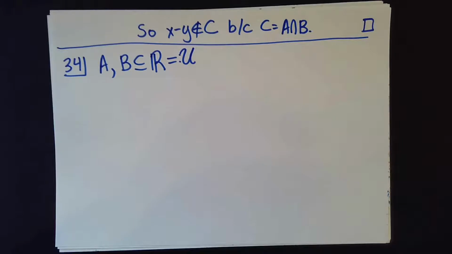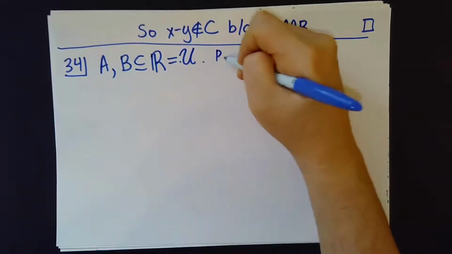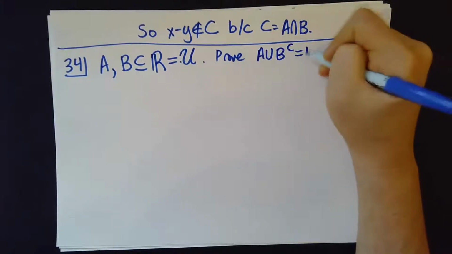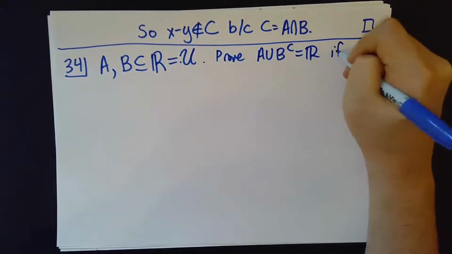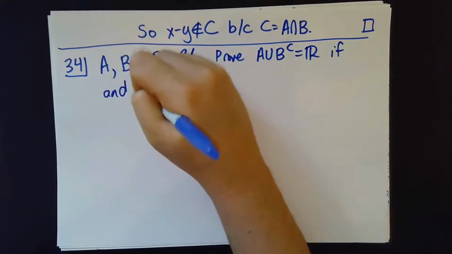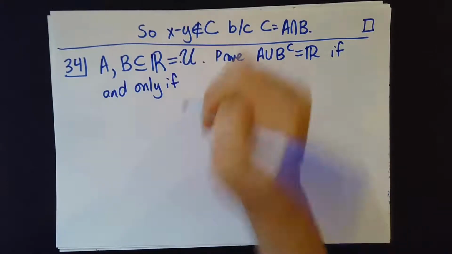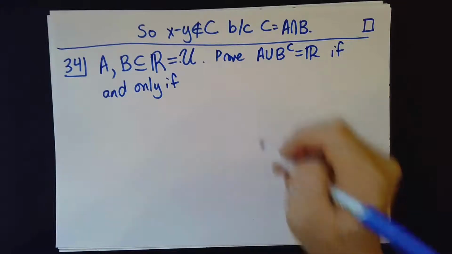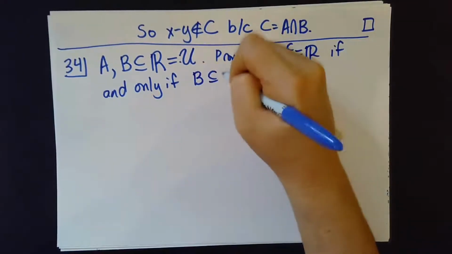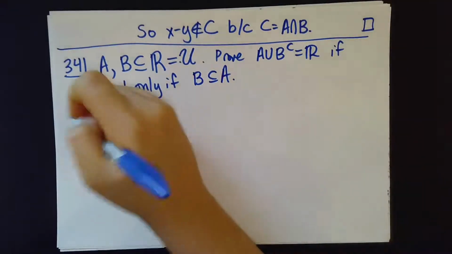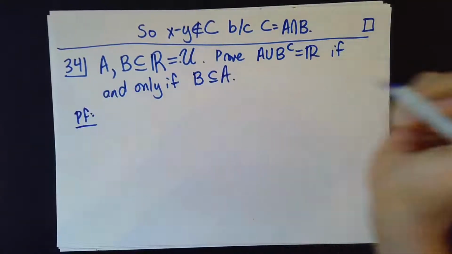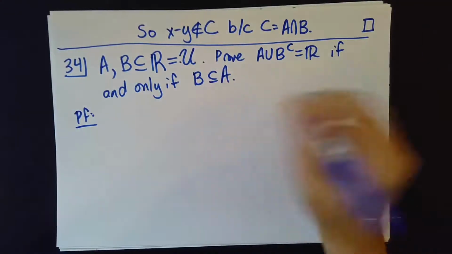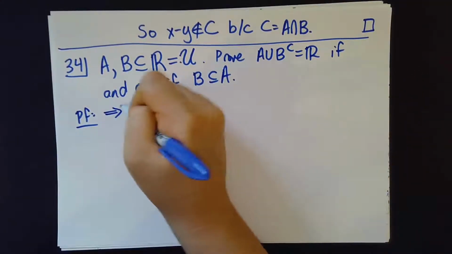And we want to prove that A union B complement is all of R if and only if B is a subset of A. Okay, so this if and only if means I have to prove two directions, so I'll do this one first.